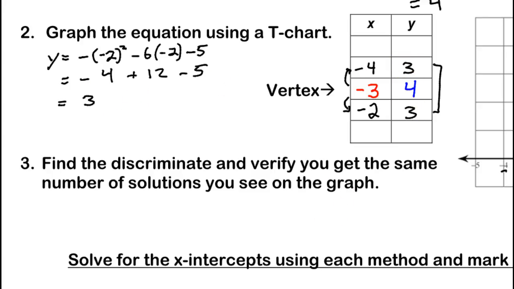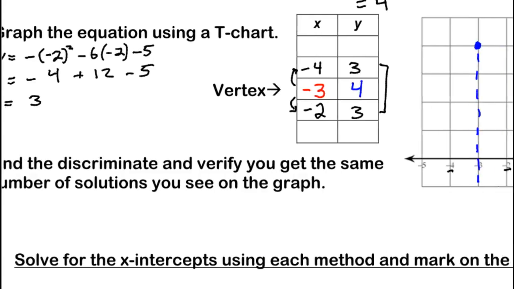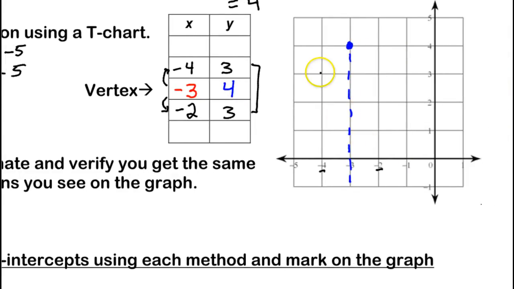That means a 3. If I plug in -2, I'll get 3. If I plug in -4, I'll also get 3. So we get both sides.